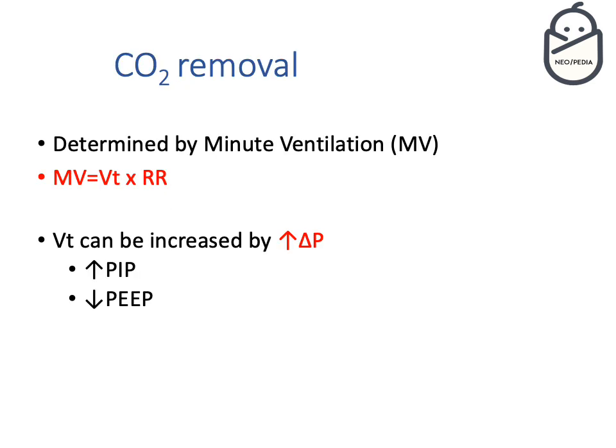The other thing is the CO2 removal, as we said, and that's actually the main job of the mechanical ventilator: to remove CO2. This will happen basically by increasing the delta P, which is controlled by the PIP and the PEEP.